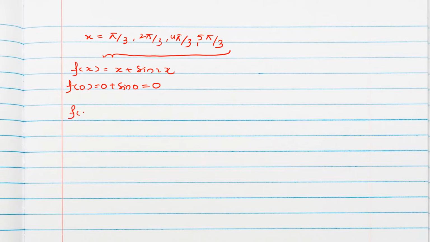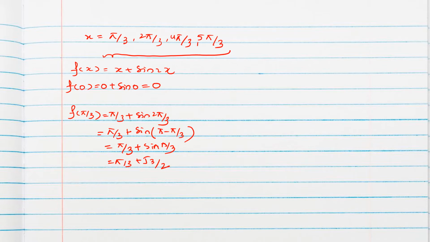f(π by 3) will be π by 3 plus sine 2π by 3. Okay, so sine 2π by 3 we can write as π minus π by 3. That will be in the second quadrant, means sine π by 3, which will give π by 3 plus root 3 by 2.